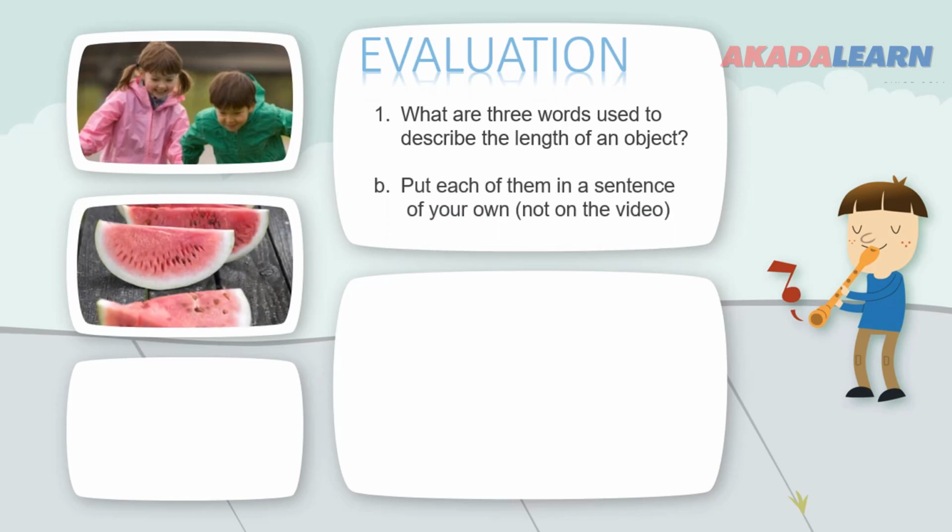Also, 1B, put each of them in a sentence of your own, not on the video. Use a sentence that isn't on this video. You have to make up your own sentence. Create your own sentence and put those words in the sentence. Use them to describe the length of an object.